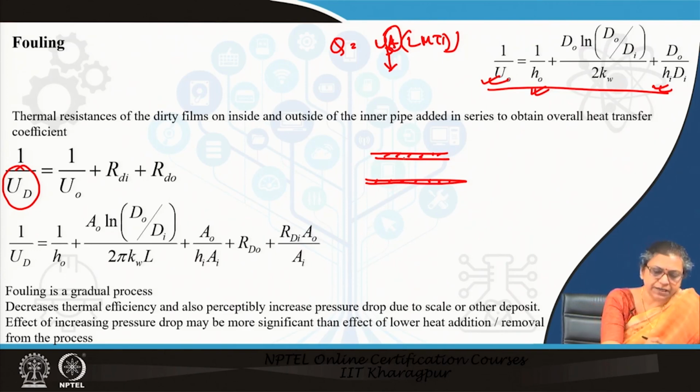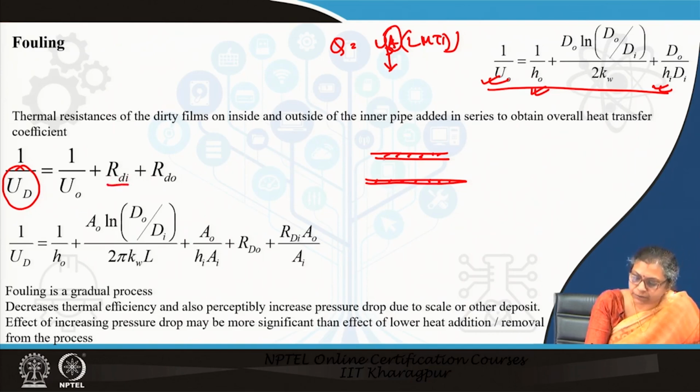So it is very important that when you are designing a heat exchanger, be it a shell and tube or a double pipe exchanger, we take up the design overall heat transfer coefficient. This design overall heat transfer coefficient accounts for the dirt factor or the deposit on the inner side of the tube, and the dirt factor or the fouling factor on the outside of the tube.